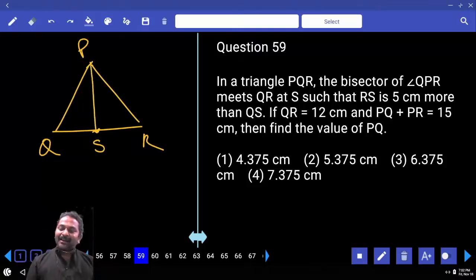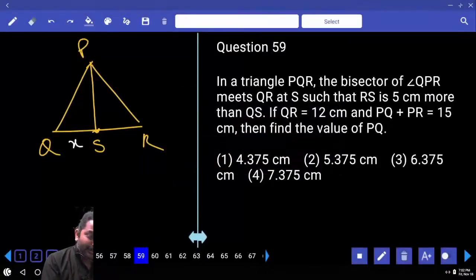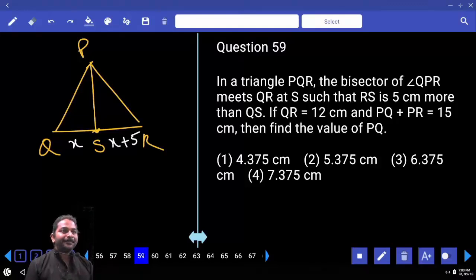Such that RS is equal to 5 centimeters more than QS. If QS is equal to x, RS is equal to 5 more, they said, x plus 5. Then continue.